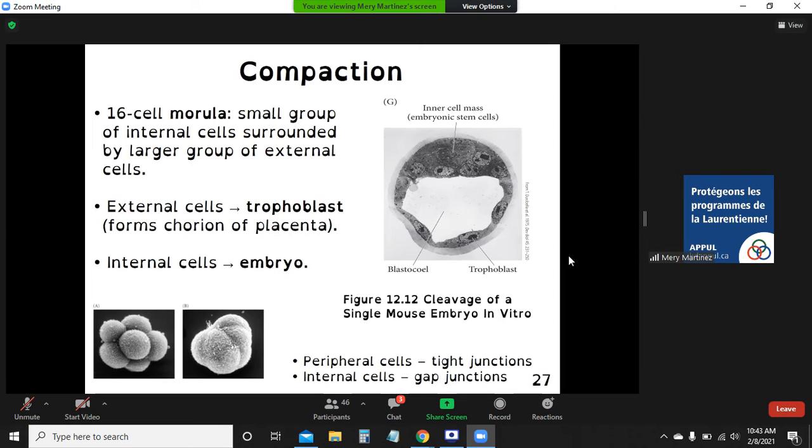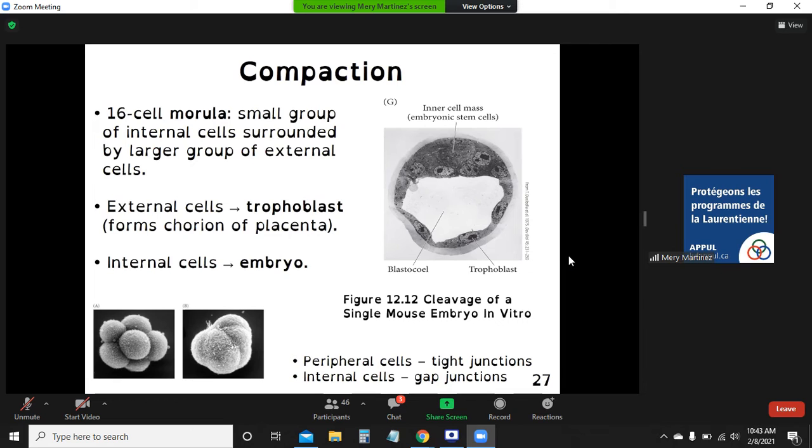This inner cell mass gives rise to the embryo, not the external cells, not the trophoblast, but the inner cell mass. The embryo will arise from this, okay? And it normally becomes positioned on one side of the ring. So this looks like a ring, right? So it's going to be in this section. So this is the inner cell mass that gives rise mostly to the embryo.